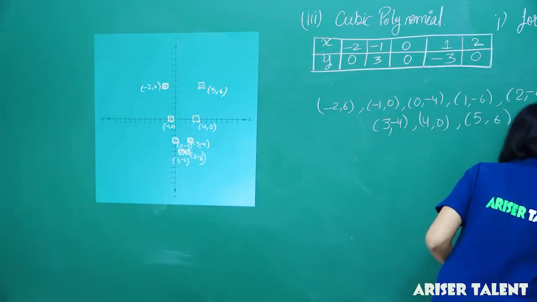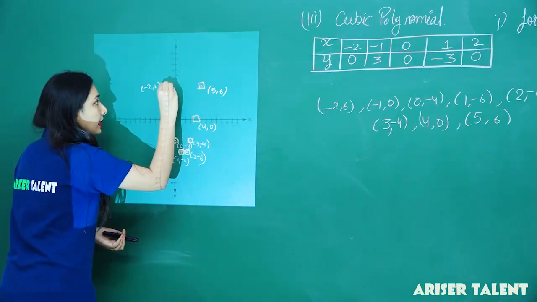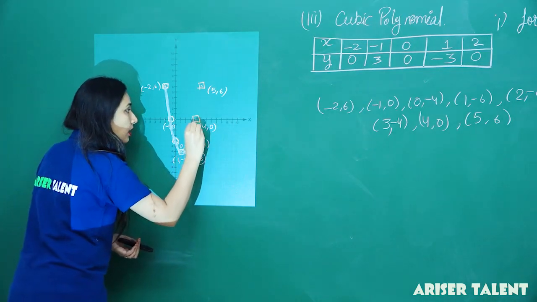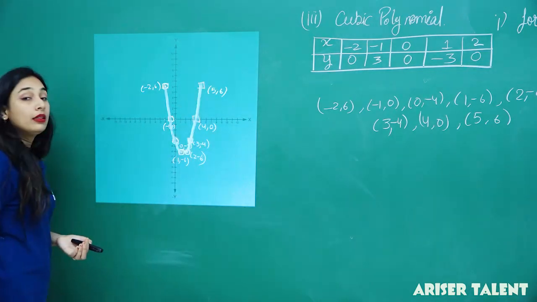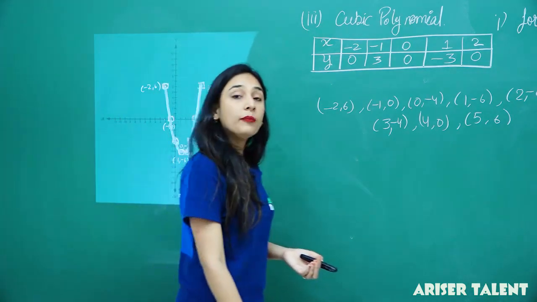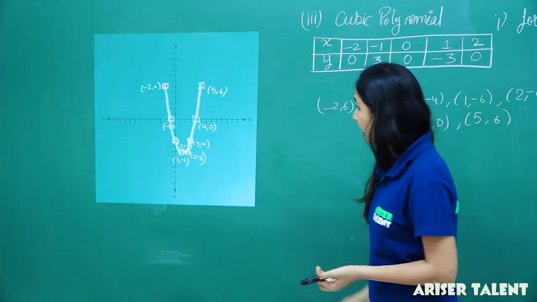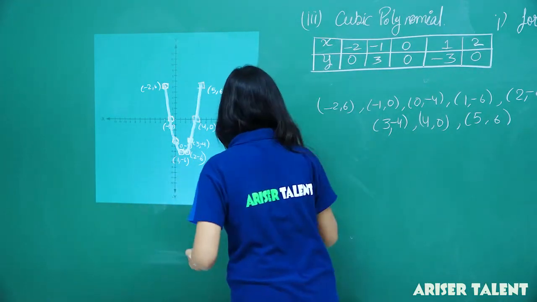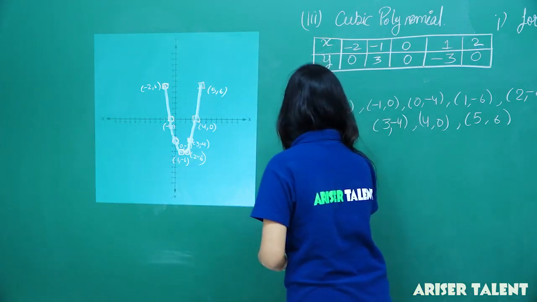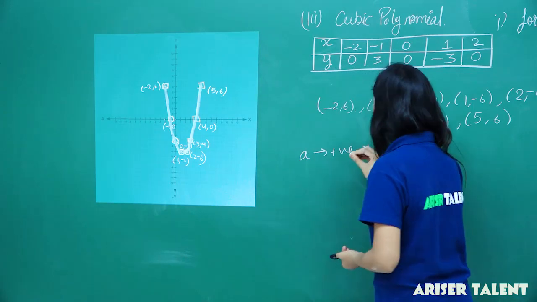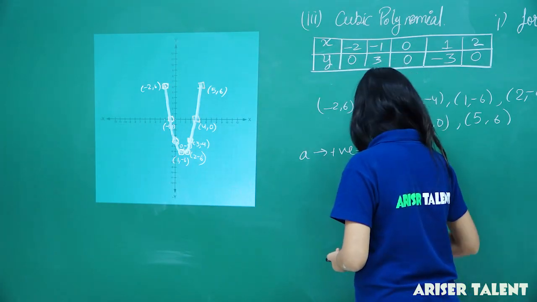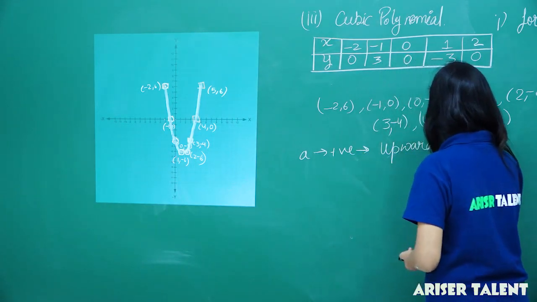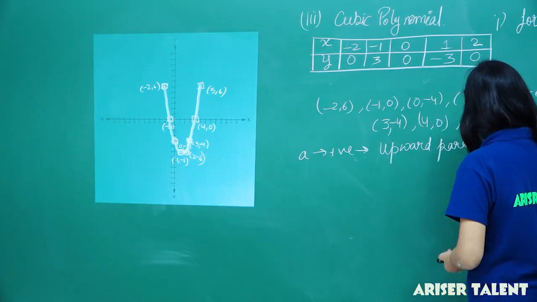Now what are we having? Let's check another color. We are having this, a parabola in upward direction. We have studied it earlier. If we are having the value of a positive, then we will get an upward parabola, right?